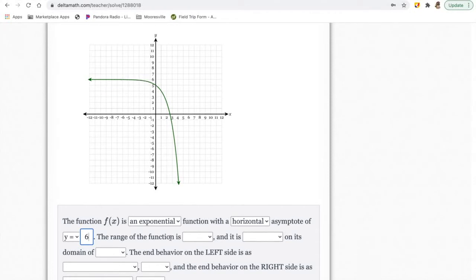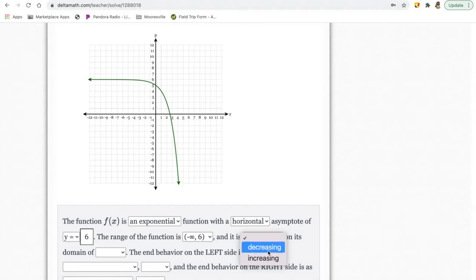The range of the function, remember range is up and down, begins at negative infinity and goes until we get to 6. So it goes from negative infinity until we get to 6, and it does not include 6, that's why we're using parentheses.